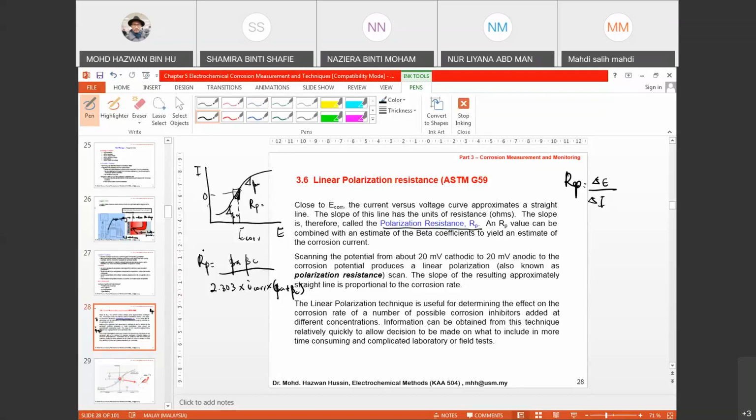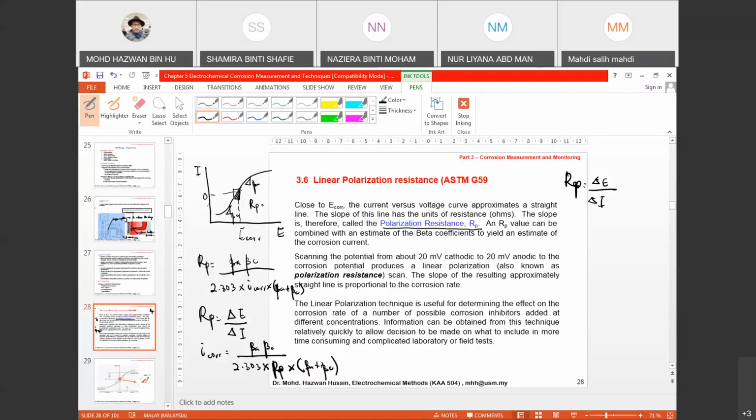So in case you already have Rp, since you know that it is the difference of potential over the difference of current, then you can calculate I corr equal to beta A times beta C over 2.303 times Rp times beta A plus beta C.